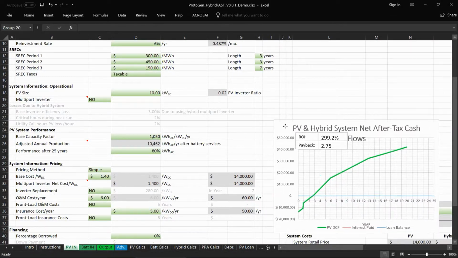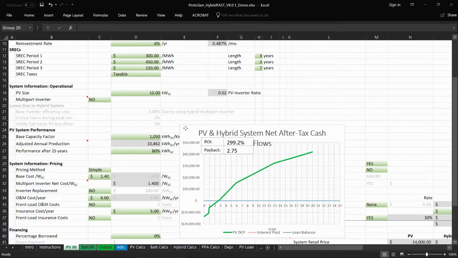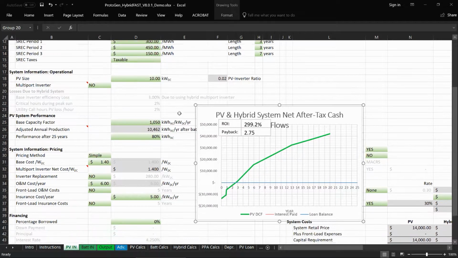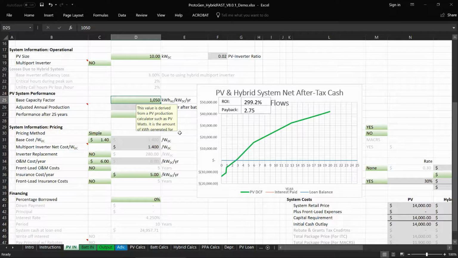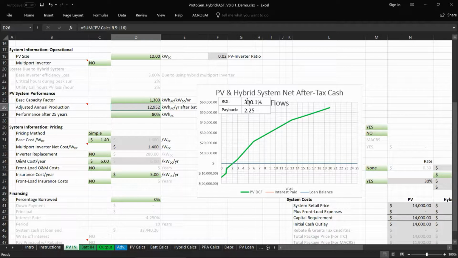So let's bring this down here as we go into performance and pricing. Let's set performance back just so you can see the change. It's at 13. Well, the magnitudes are a little bit off now because the system price is still so low. But let's bring that to 1050.